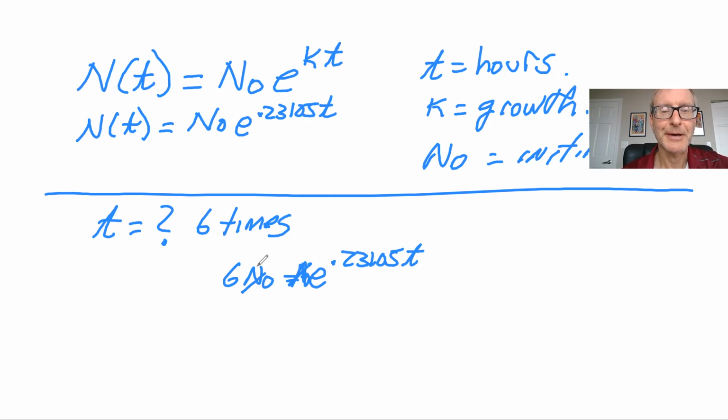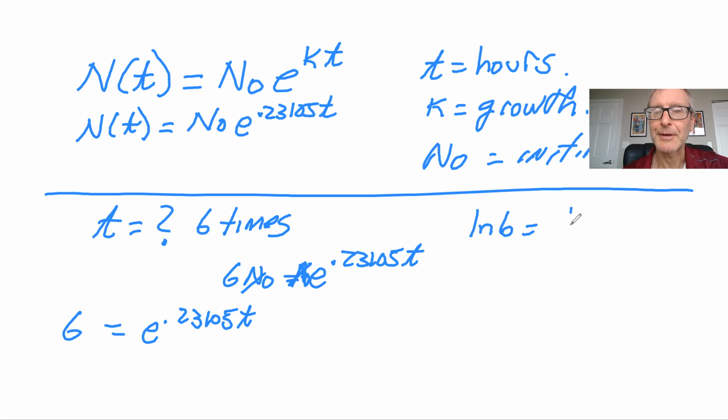So you could see the pattern, right? Now we have 6 over here, e to the 0.23105t. And so take the natural log of both sides, you get natural log of 6 equals natural log of e to the 0.23105t. Use the power rule.